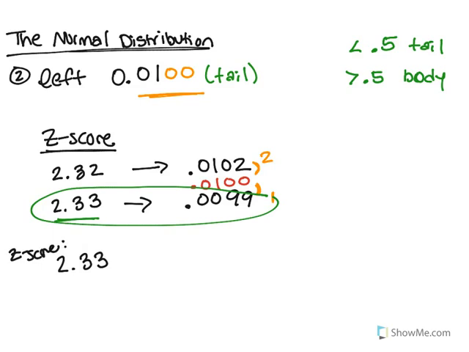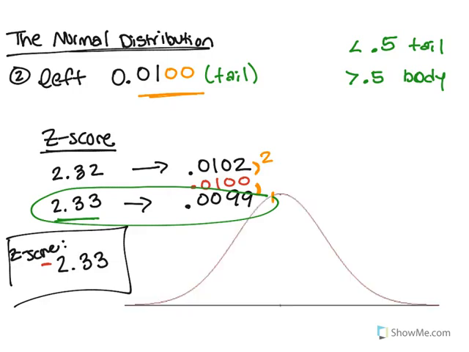Now, deal with left versus right. It says this is on the left side of the bell. So it's a what? A negative 2.33. That's the answer. Negative 2.33. Does that make sense?